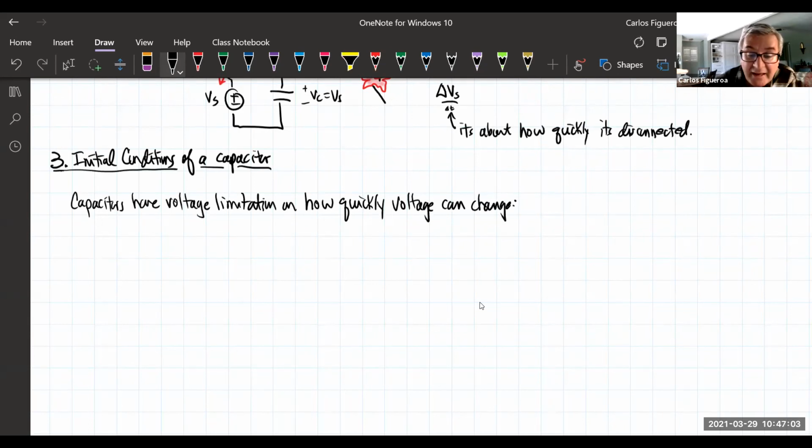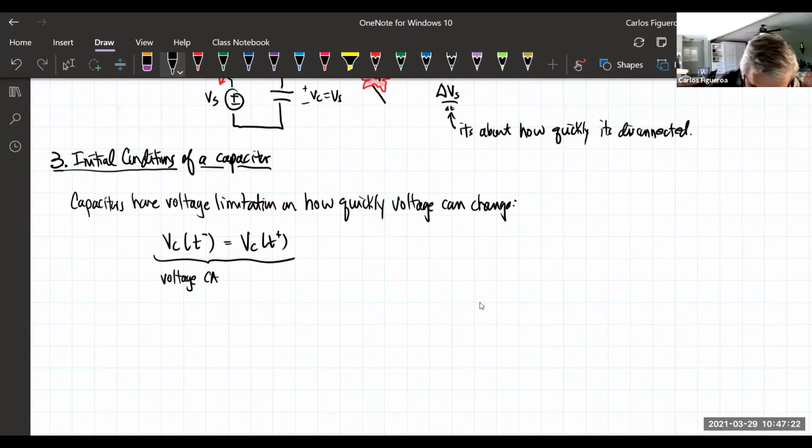And so what we say here is that the voltage of the capacitor at T minus must be equal to T plus. In other words, the voltage cannot change instantaneously.